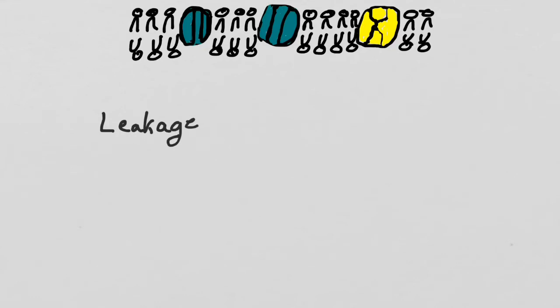Other channels are called gated channels. And gated channels need to be opened. And there's 3 different ways that gated channels can be opened, and we'll look at that shortly. Before we look at gated channels, I just want to remind you that the key thing about protein channels is that they only allow certain substances through.